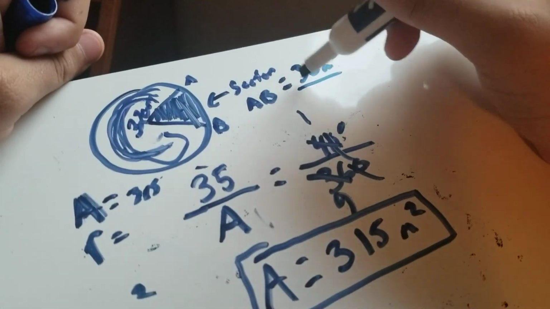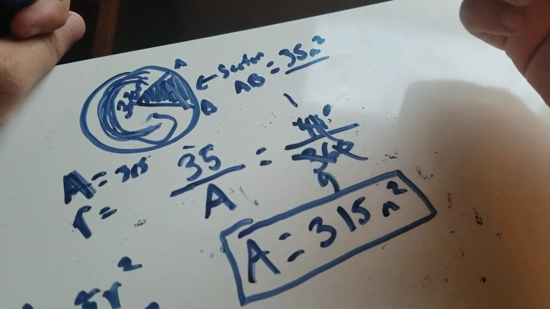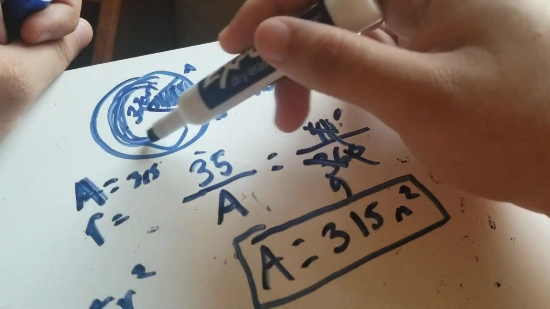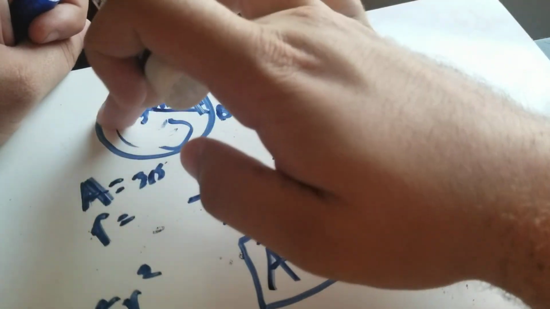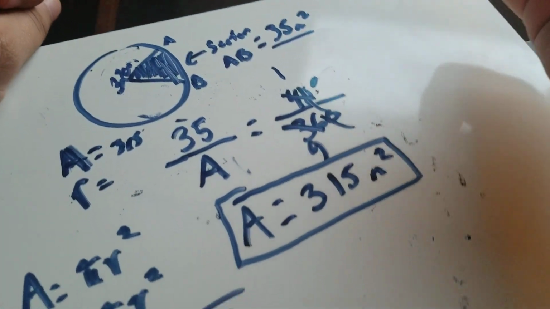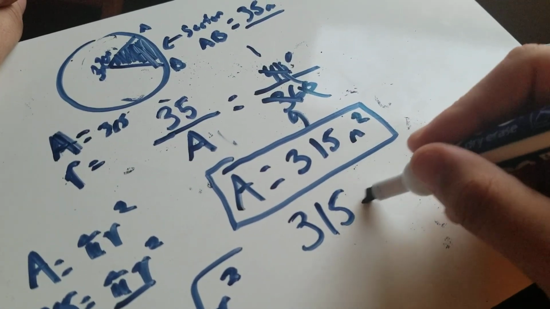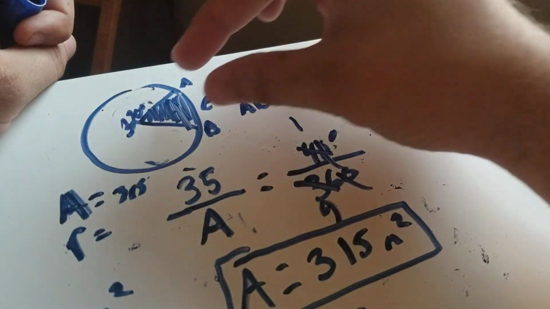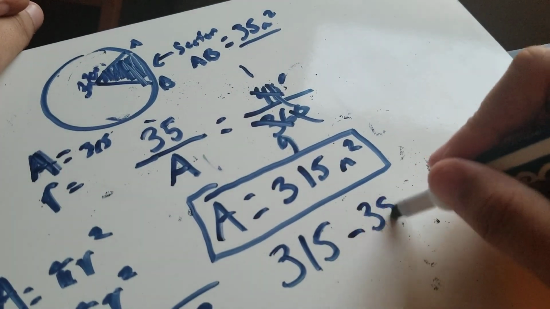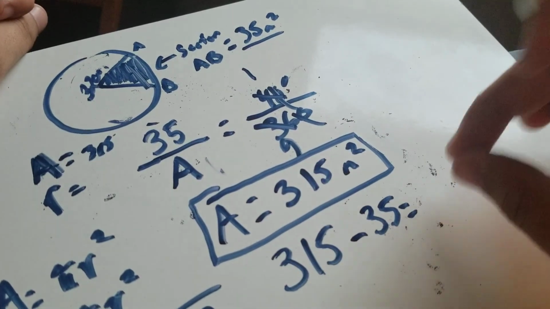I know the sector is 35, and I know the whole area is 315. So I want you to think, what can I do to make it a little easier to find the missing part, which is this? Maybe I'll just leave it white. So how do I find the area of the white section? Well, if you suggested just simply, you know the whole thing's 315, and I take out that shaded piece, which we know is 35, and we could subtract it out, kind of like if you have a piece of the line and you're taking a little piece off.